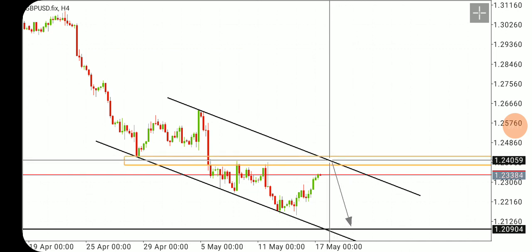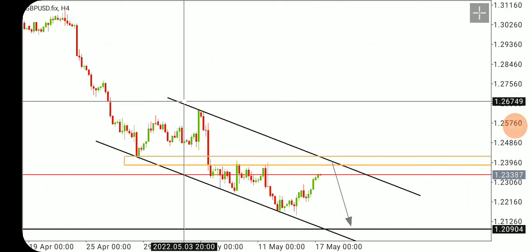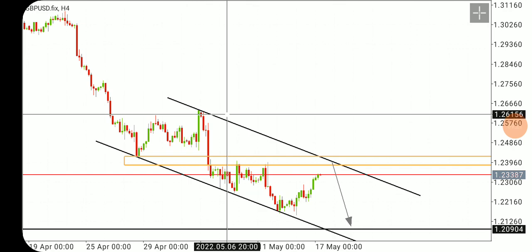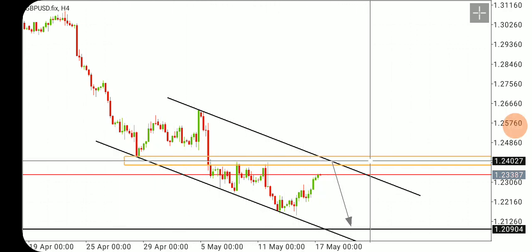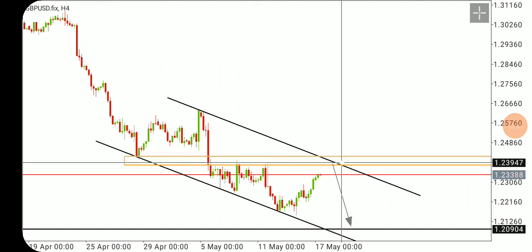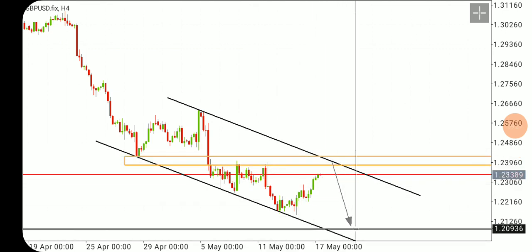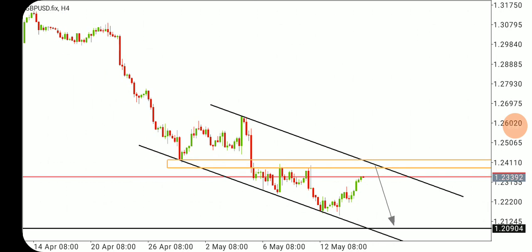It might find resistance right here because we have an intersection, the resistance trend line and this horizontal area. It might find resistance here and then push all the way down to this support area. That's what I have for you today, guys.